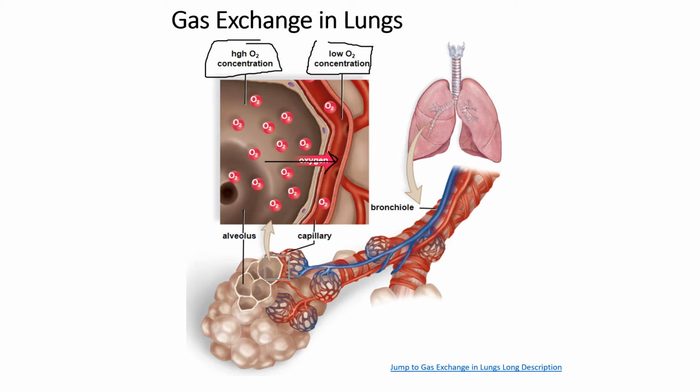Similarly with CO2, I can't really see that. There's a high concentration of CO2 in our blood, and there's a low concentration of CO2 in the air. So CO2 will move into the air, and then we can breathe it out, both by diffusion.